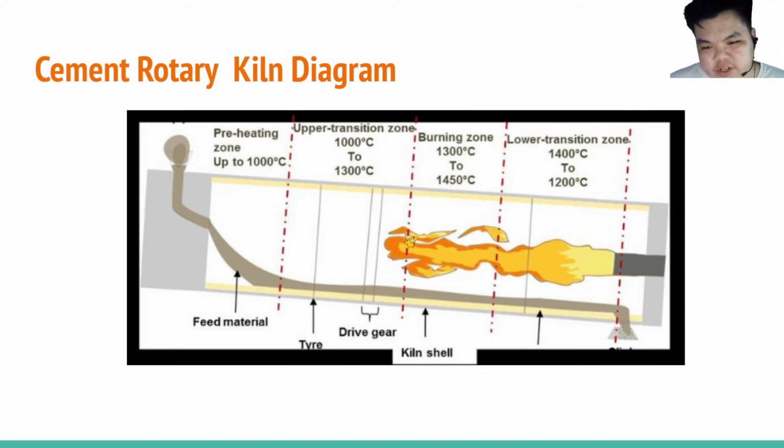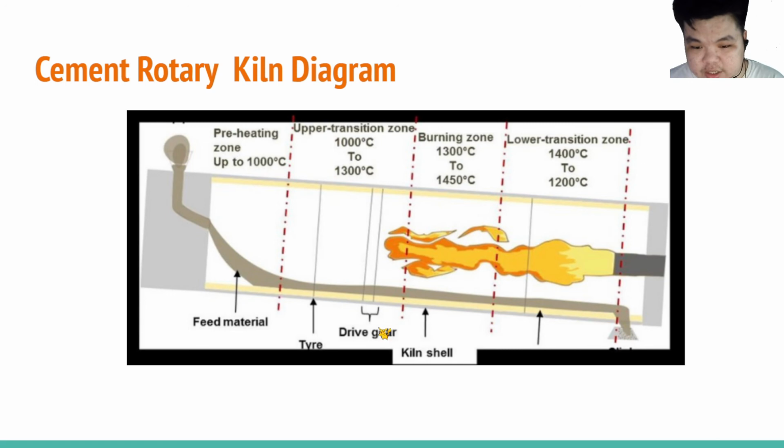And when it reaches the third stage of this heating process, it can reach a temperature of up to 1450 degrees Celsius. Then it will slowly cool down as it reaches the other end or the bottom end.